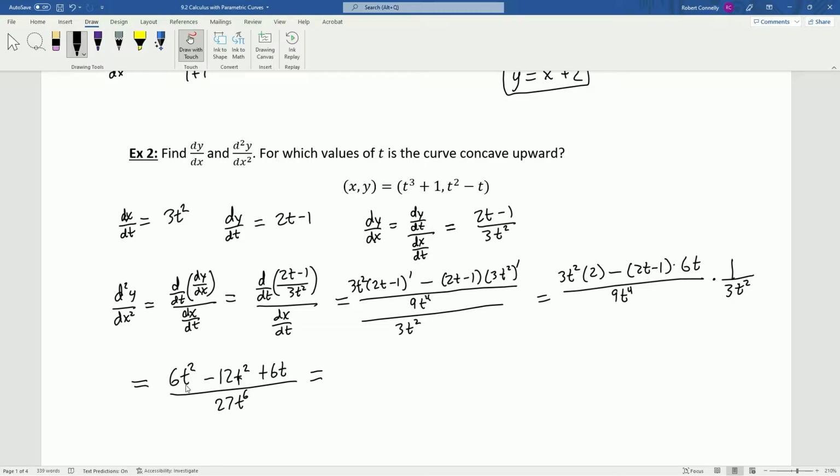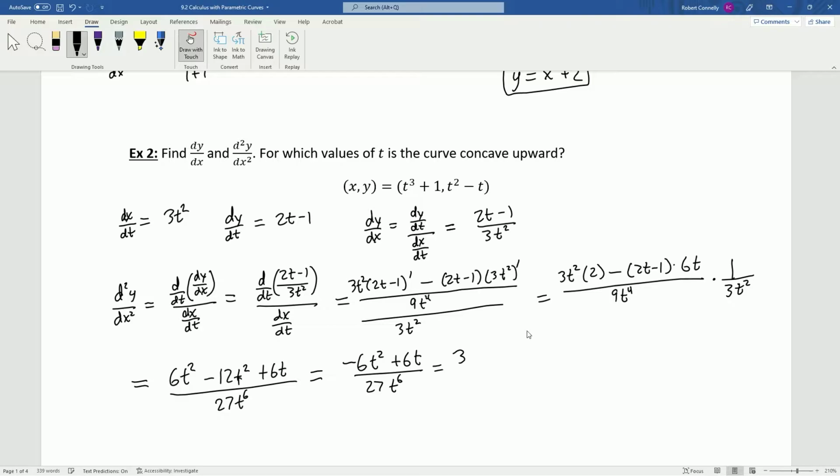Okay, so first we've got this 6t squared minus 12t squared. That's negative 6t squared plus 6t, divided by 27t to the 6th. Factor out a 3 and a t up top.